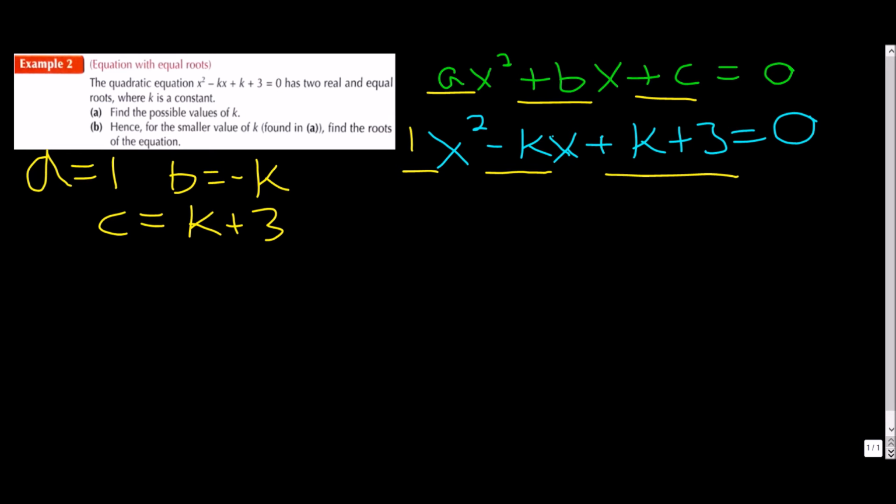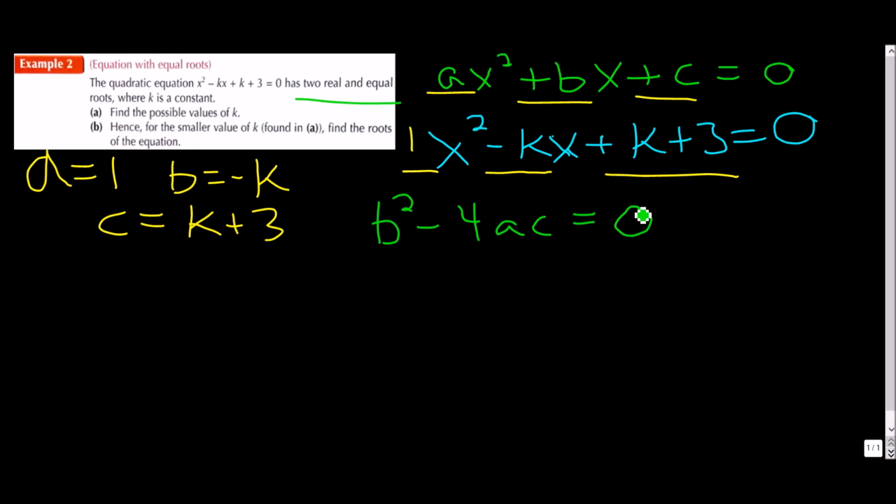So now we could go forward and help figure out this problem. Different values of k could give us different things, but for whatever reason k is a constant. Now the other piece of information that it gives us is that we have two real and equal roots. Let's think back. What does that mean? If you know that you have two real and equal roots, that means something about the discriminant. Specifically it means that b squared minus 4ac is going to be equal to 0.